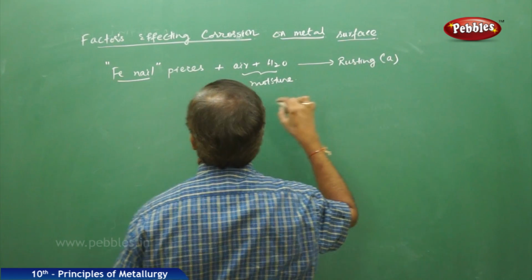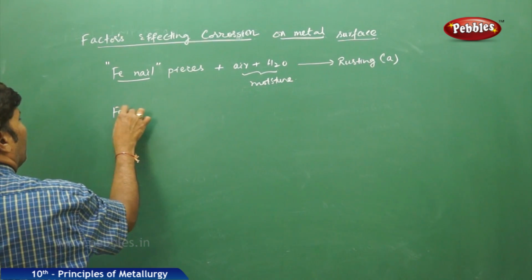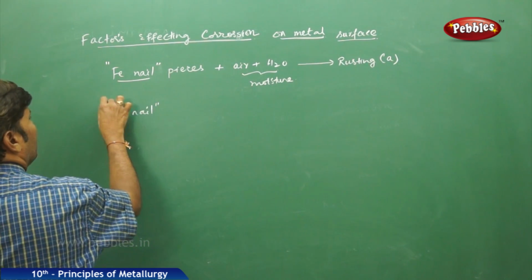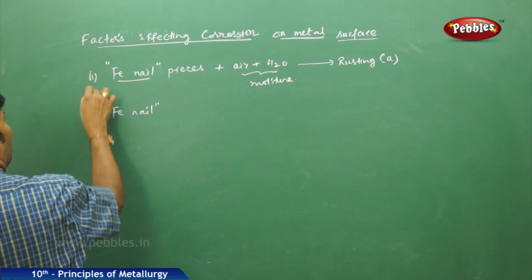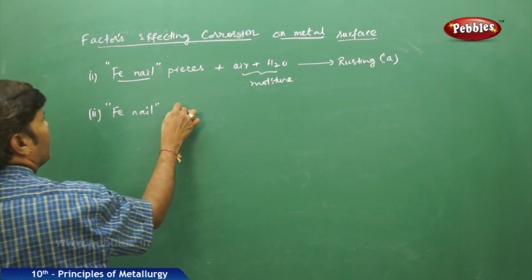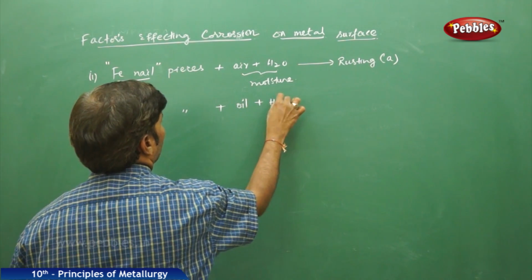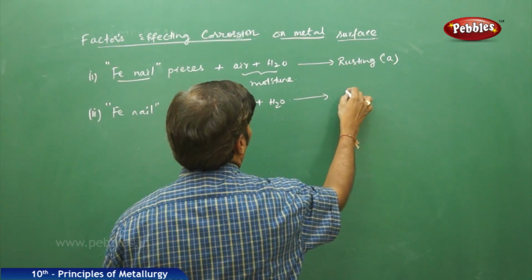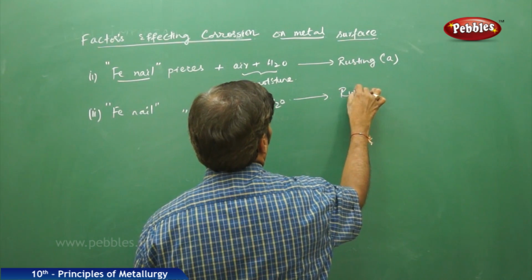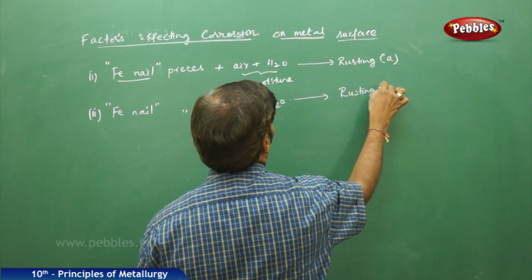This is A. Again, if you take iron nail pieces and mix them with oil plus water, here also rusting takes place. This is rusting stage 2, B.